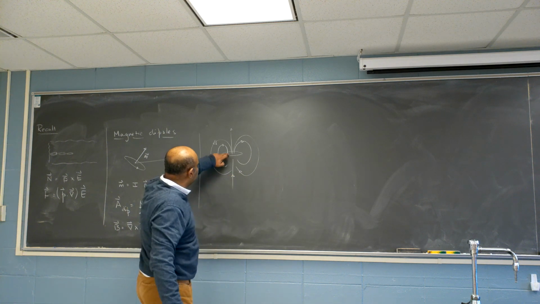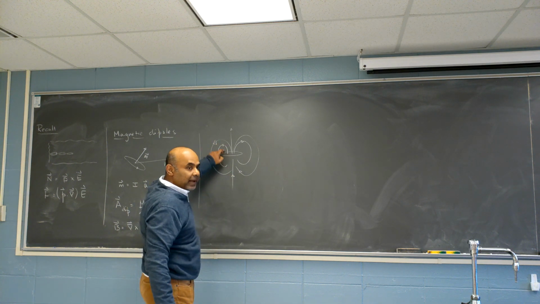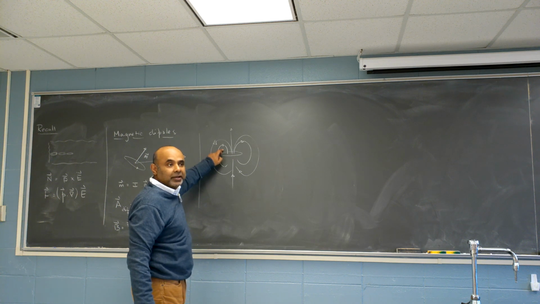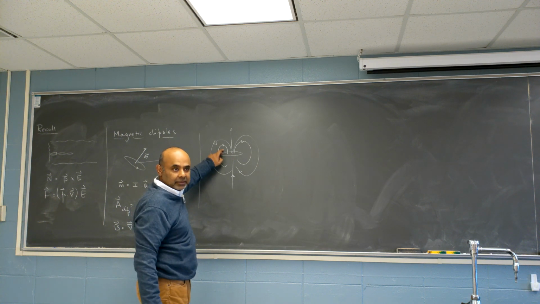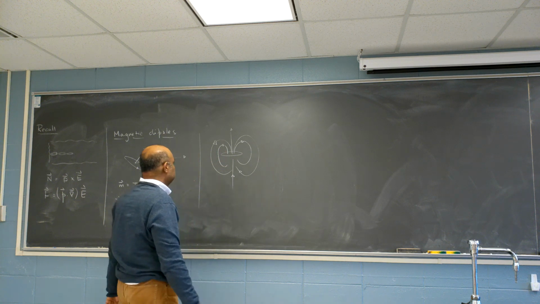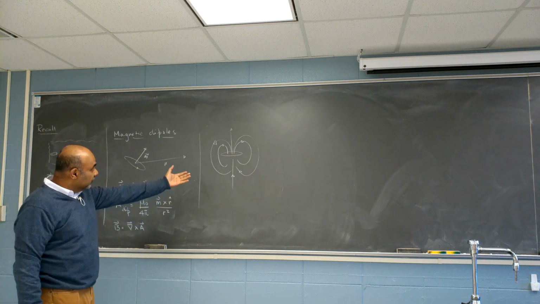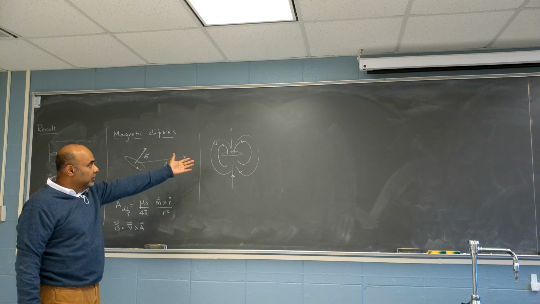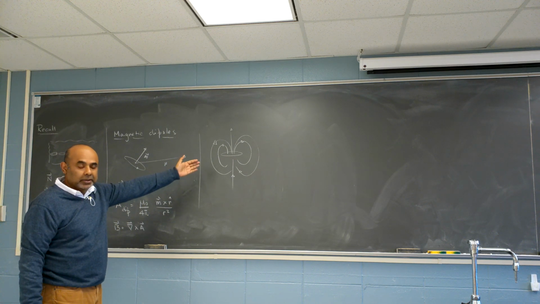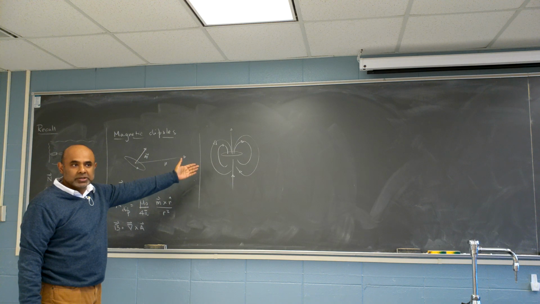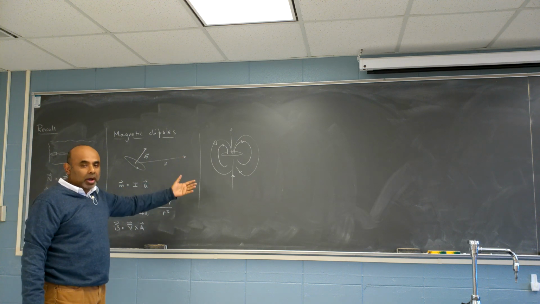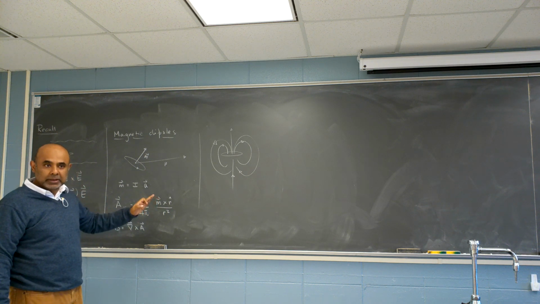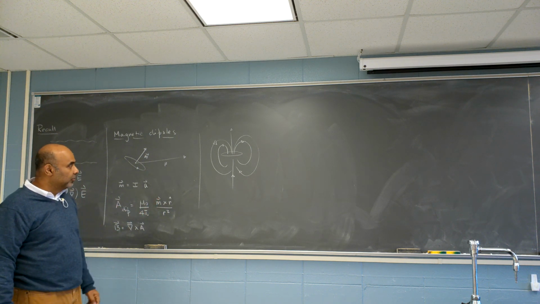Every field line that grows out comes back in and loops in on itself. There's no net divergence of a magnetic field, so there are no open loops, so to speak. This is a physical dipole, okay? But when you say physical dipole, it means that there are higher moments, but we're just ignoring them. There's no monopole moment, but there's a dipole moment, but there could be a quadrupole moment and other higher moments.